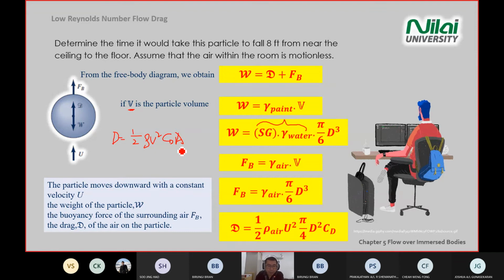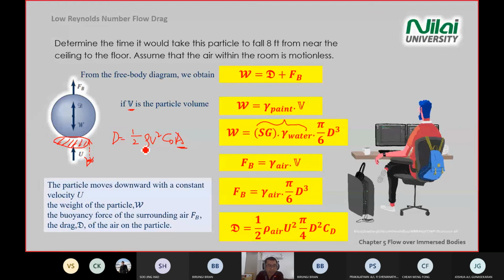So again, be careful when you use the drag equation. The area in the equation is always what is seen by the upstream. Always refer to the upstream. What does it see from this perspective? When the upstream velocity hits the ball, it will see a circular area coming in front of the upstream.